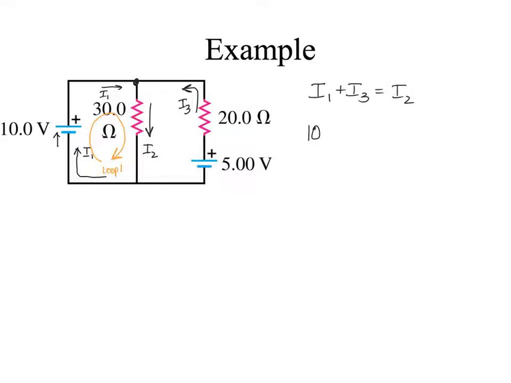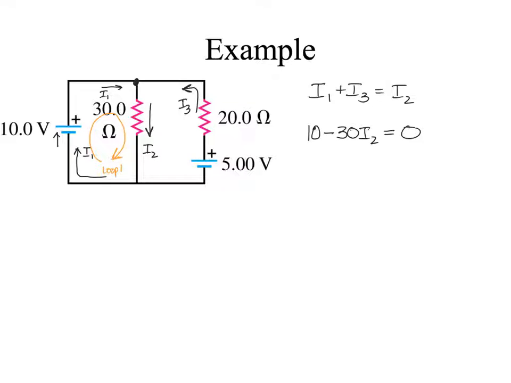Now I'm going to follow all the way around, and now I'm going to come through the 30 ohm resistor in the direction of the current I2. So that's a potential loss of minus 30 times I2. And then I continue around the loop and I get back to the battery, so I'm all done, and so that's equal to 0. So that's one of my equations.